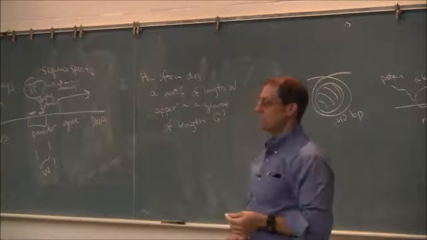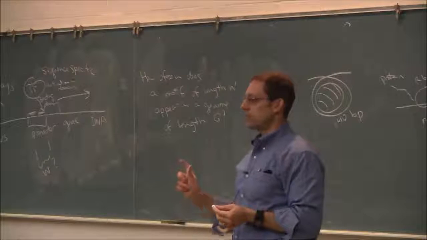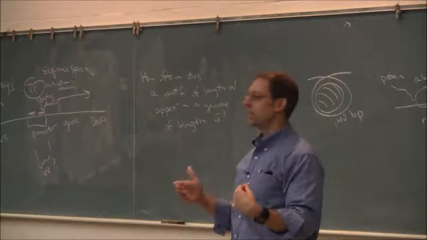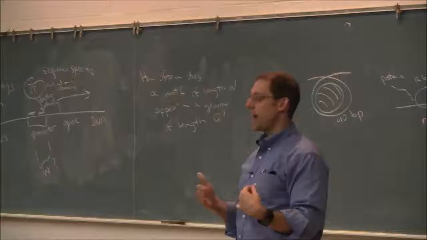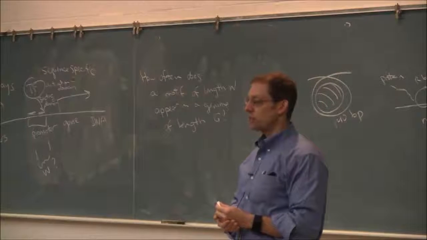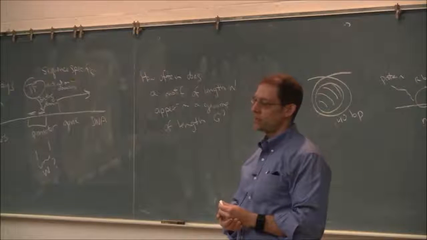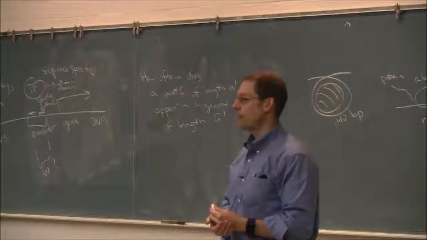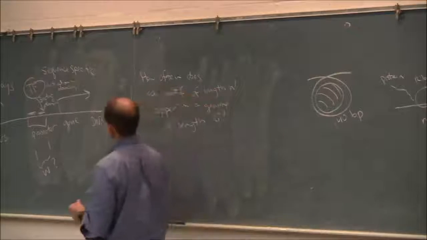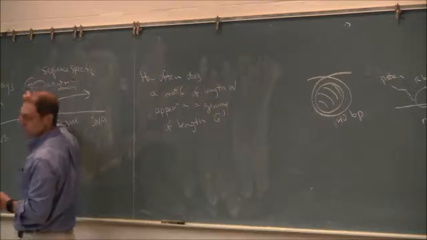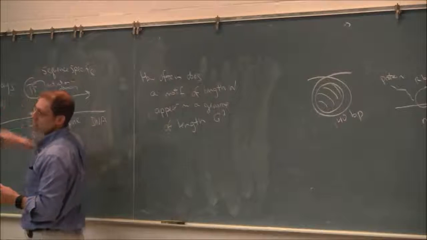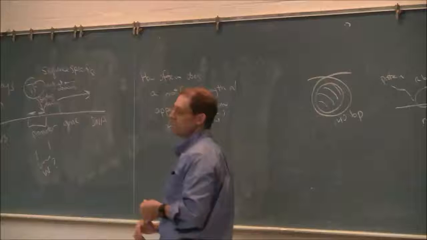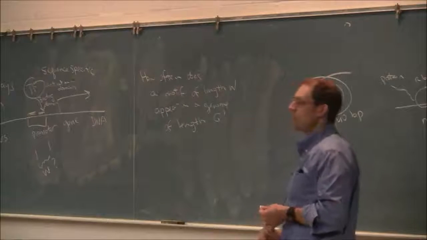Our idea is that binding widths have evolved to be big enough that the sequence is unlikely to occur by chance anywhere else. So we want that sequence to be unique if the rest of the DNA is random. This part of the DNA, let's say, has co-evolved with the transcription factor, so that it's recognized by the transcription factor. The rest of the DNA in the genome, we'll just say, is random.